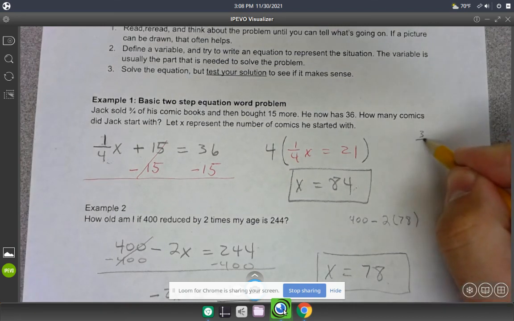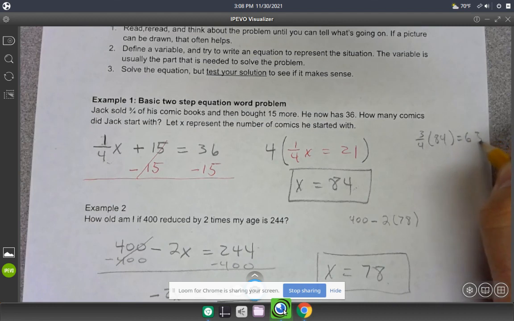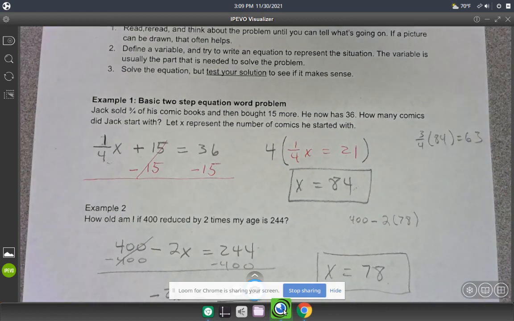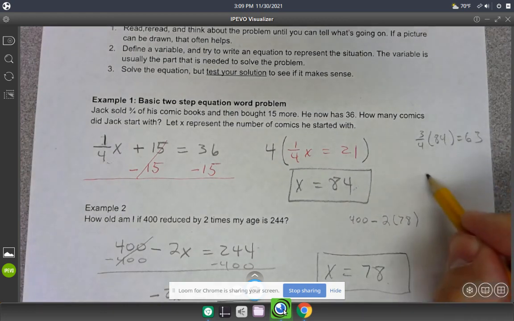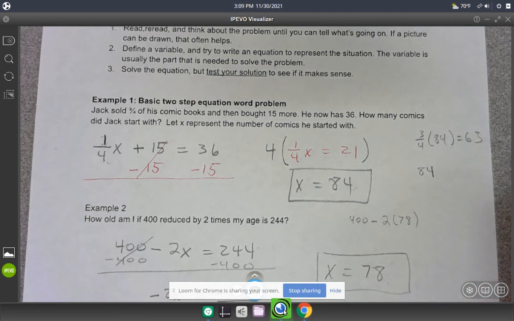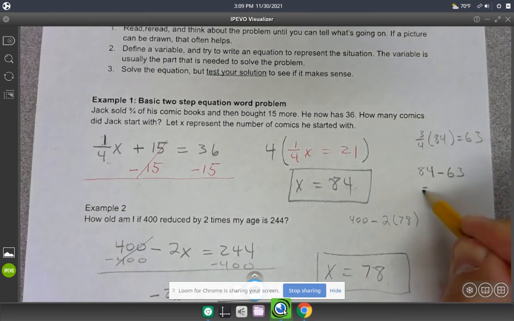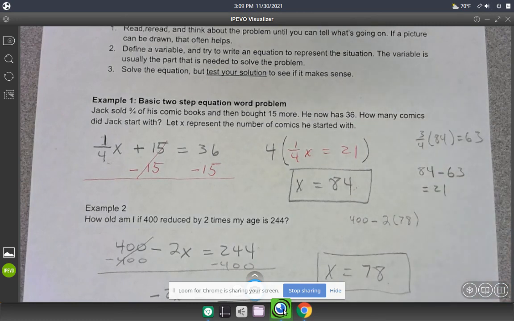So 3/4 of 84 is equal to 63. That's how many he sold. So the amount that he still has, or that he kept, would be 21. Started with 84, he sold 63, and so he has 21.